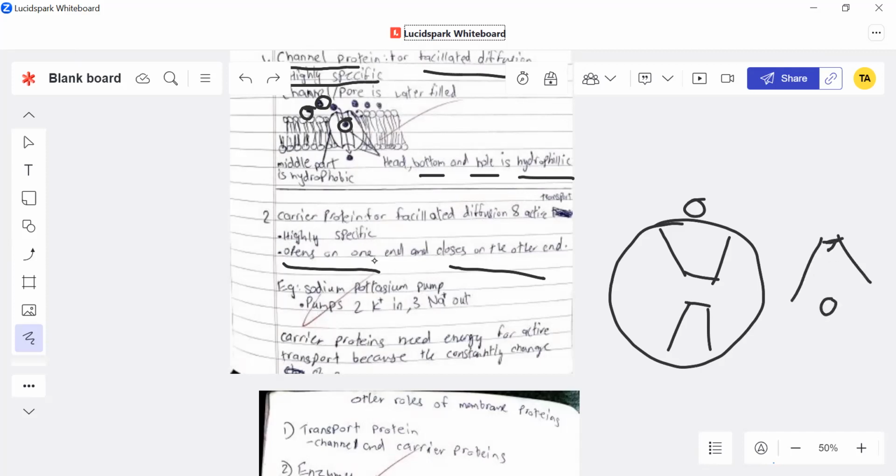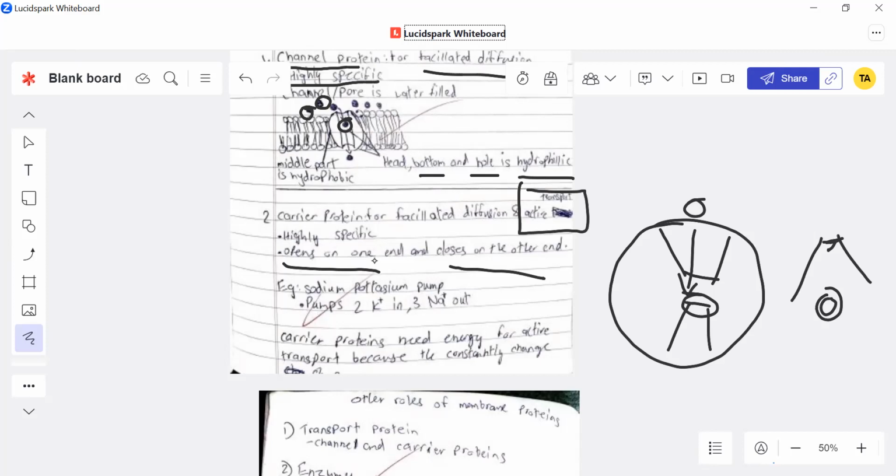So this will close from the end, open, let the ion pass through, and then this side will open. Because of the changing of the shape of the carrier protein, it requires ATP, and active transport is what requires ATP.